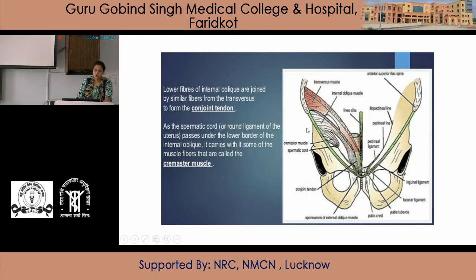So the internal oblique muscle forms the conjoint tendon and a small muscle, the cremaster muscle. The conjoint tendon is formed by the joining of fibers of the transversus abdominis and internal oblique, and the cremaster muscle is formed by the fibers carried with the spermatic cord.